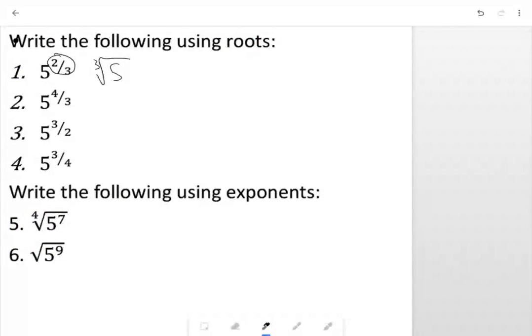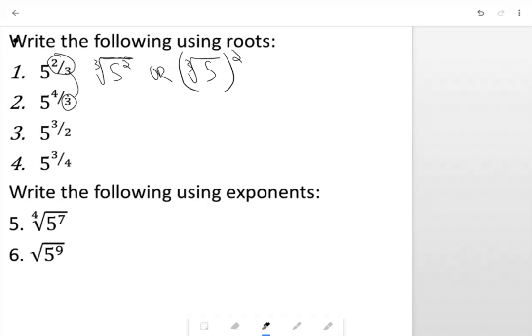So I could write the exponent of 2 here, where notice I put it inside the cube root sign, or I could write it like this, where I put the exponent outside the cube root. Either one is correct. So when you write 5 to the power of 2/3 using roots, either one of these would be considered correct.